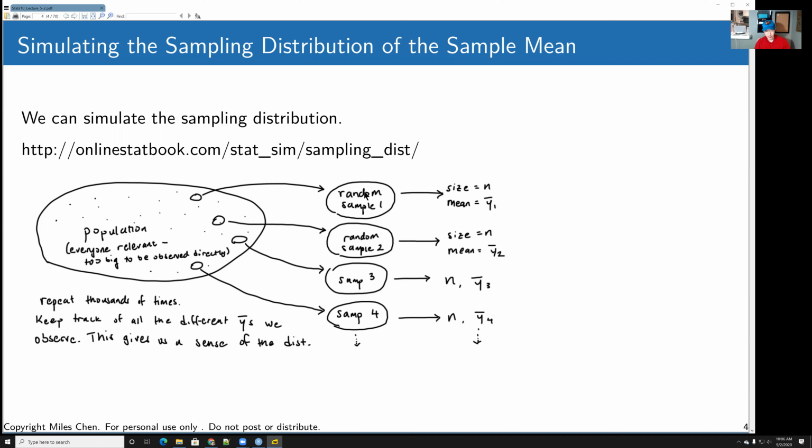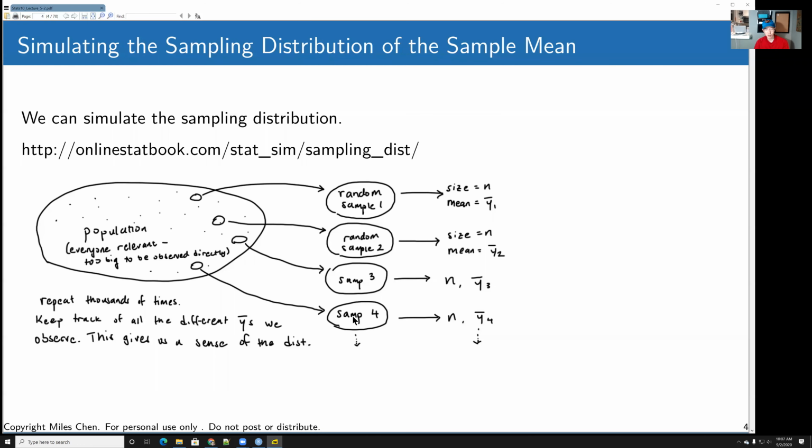From our first random sample, we get the mean, y bar 1. From our second random sample, we get y bar 2. Our third random sample gives us y bar 3, and our fourth gives us y bar 4.